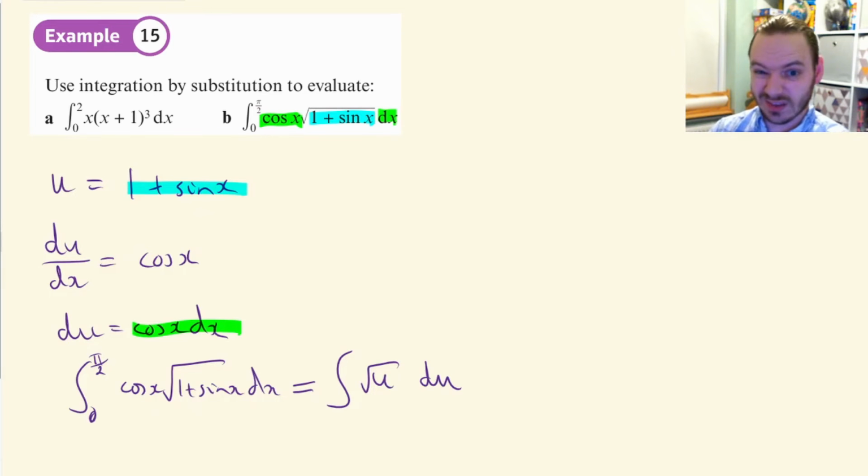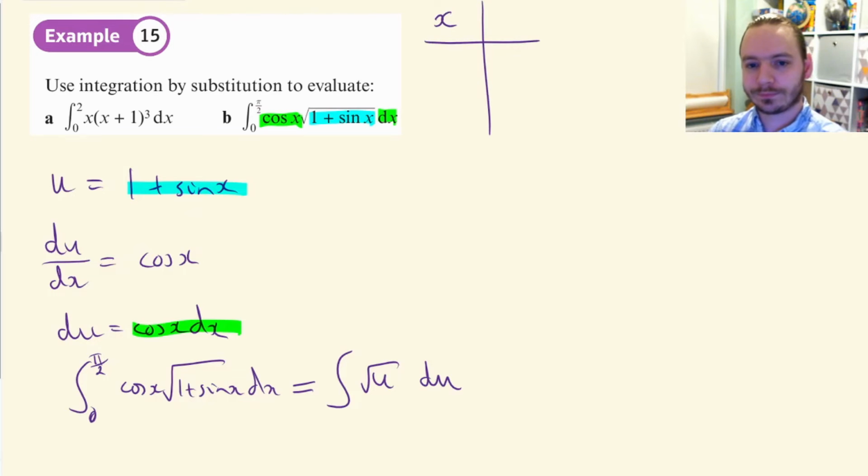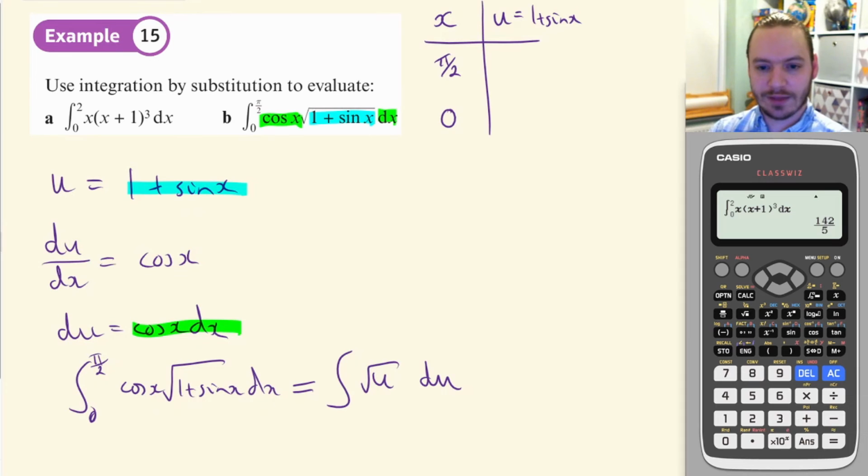So again, let's just think about what happens here. When I had x, my limits were between pi over 2 and 0, and u equals 1 plus sine x. Notice that we're using pi over 2, so we're definitely in radians. So as long as my calculator's in radians, I can just tap that in and check what's going on.